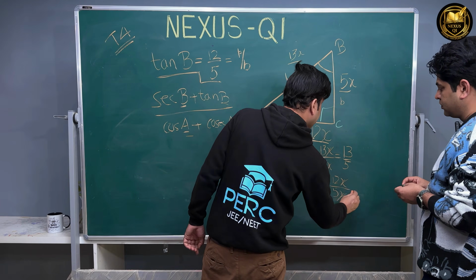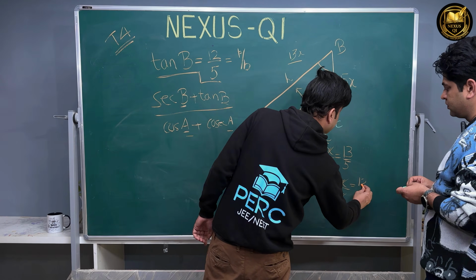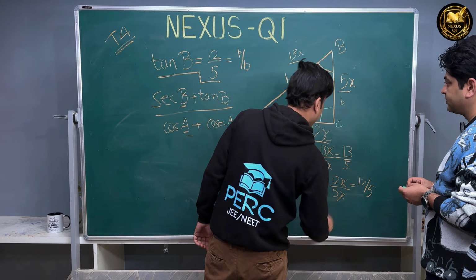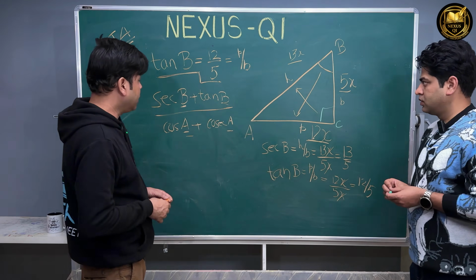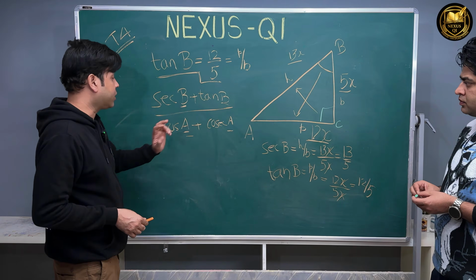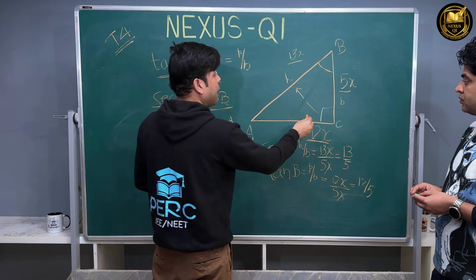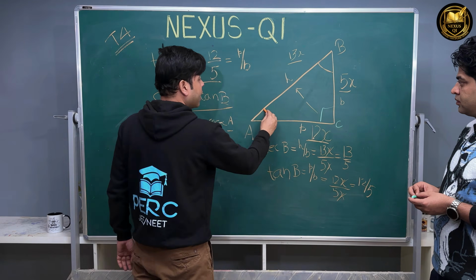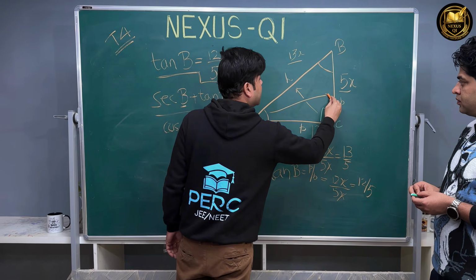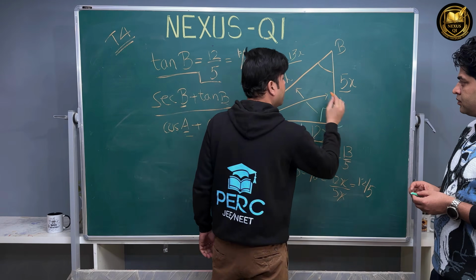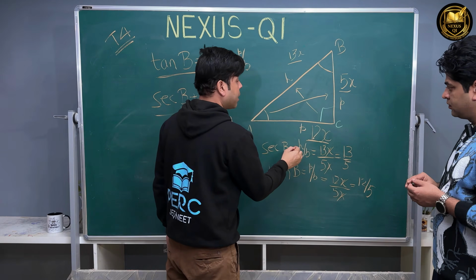X gets cancelled, so it is 12 by 5. Now here we have cos A and cosec A, so for angle A they are talking about. For angle A, this will be the hypotenuse, that is fixed. This becomes the opposite or perpendicular, and the remaining side becomes the base.